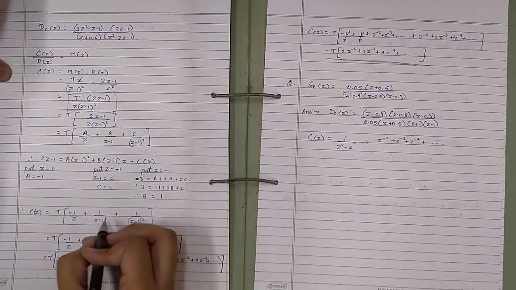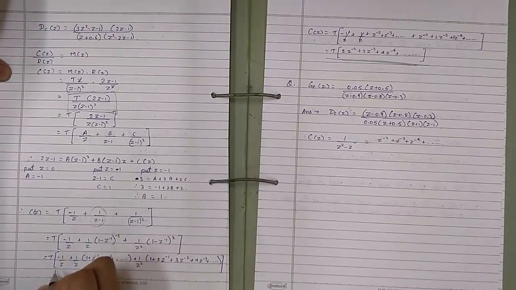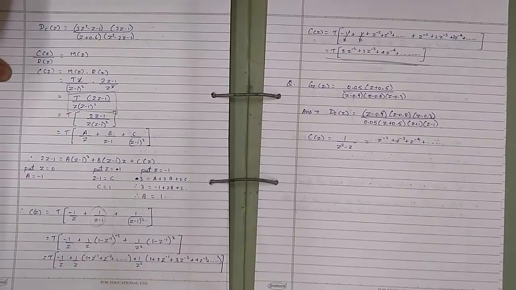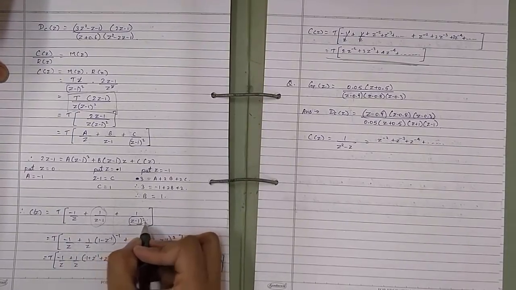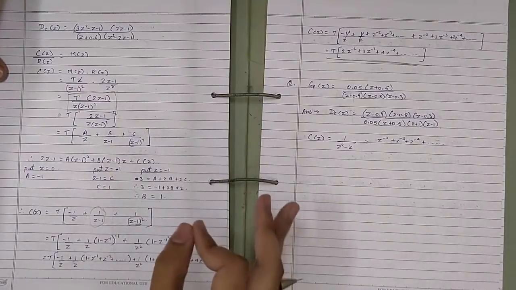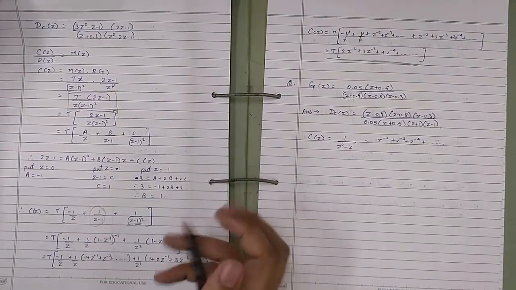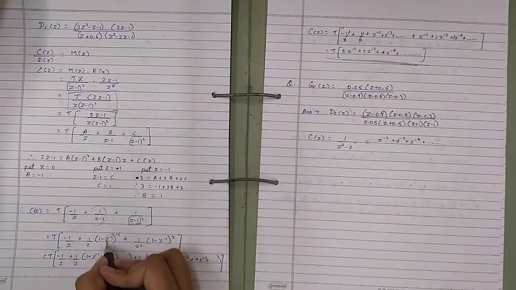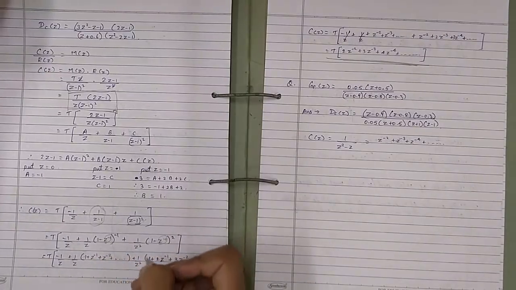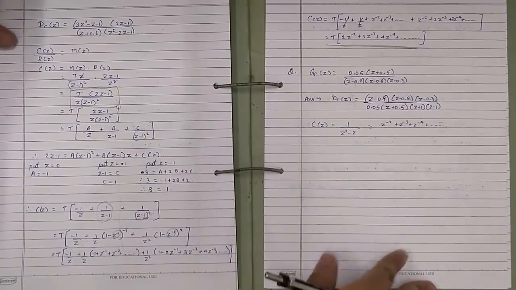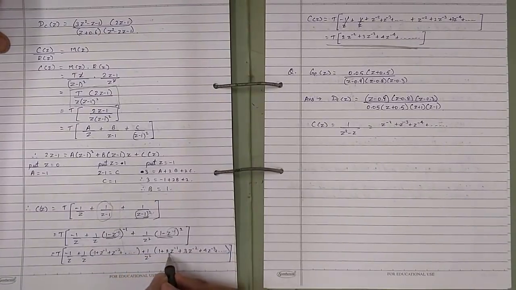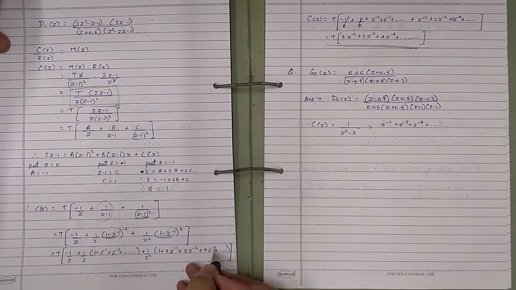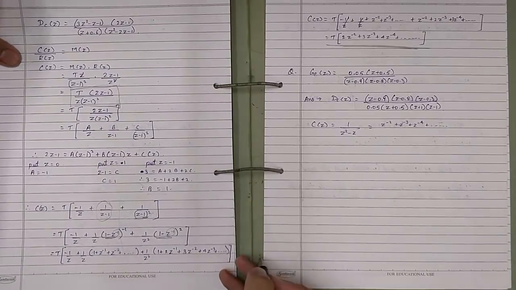Now I know what is the Taylor series for this, that is 1 upon (z minus 1) the whole square. Whenever you try to find the Taylor or Laurent series, you always write it in terms of z inverse. Only in terms of z inverse is the formula defined. For this it is 1 plus 2z inverse plus 3z raised to minus 2 plus 4z raised to minus 3 and so on.